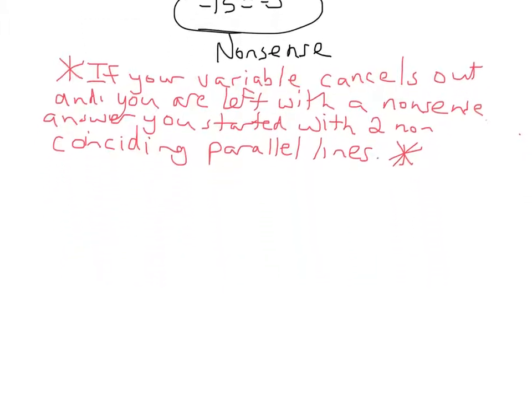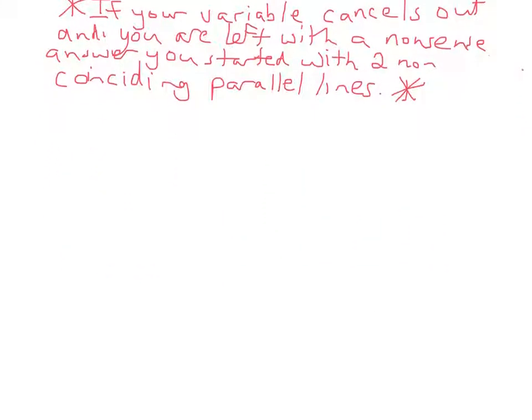We're just going to look at the other type of example, the other type of parallel line. If our one type is non-coinciding, what do you think our other one is? Coinciding. So our other line type that we're going to deal with is coinciding parallel lines.